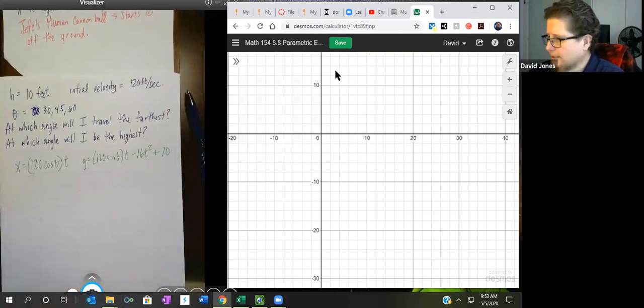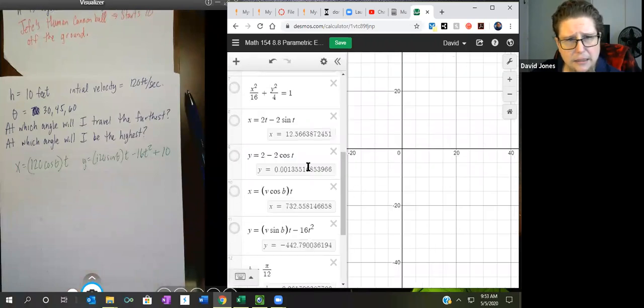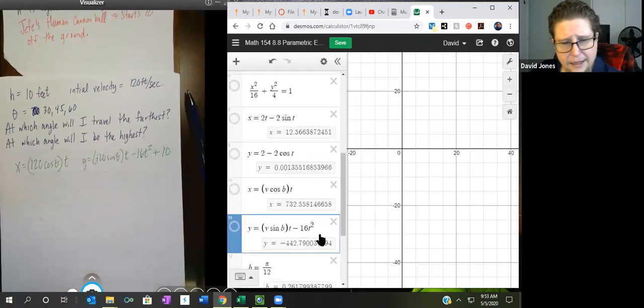So I've got this set up in DESMOS. Do I have them both set up? I need to add the 10 there. I did. This was initially a golf ball problem, but that's less fun.